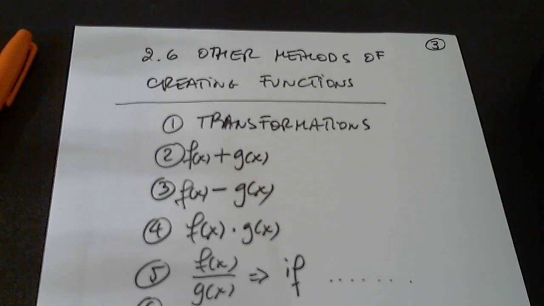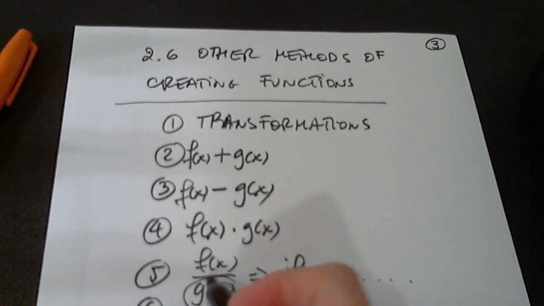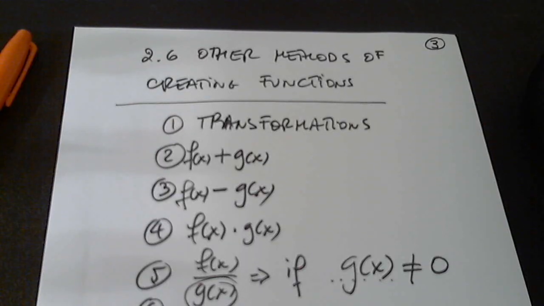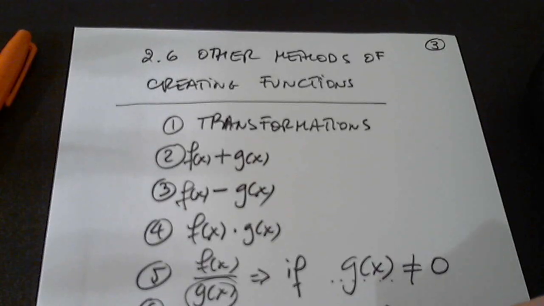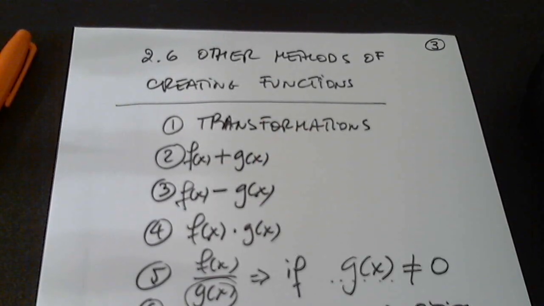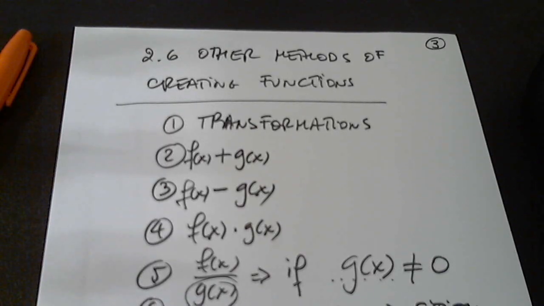And what is it? If g of x does not equal 0. Correct. That's it. Good. Number 6 is totally new. It's called function composition. We'll go through all these and then we'll talk about number 6.